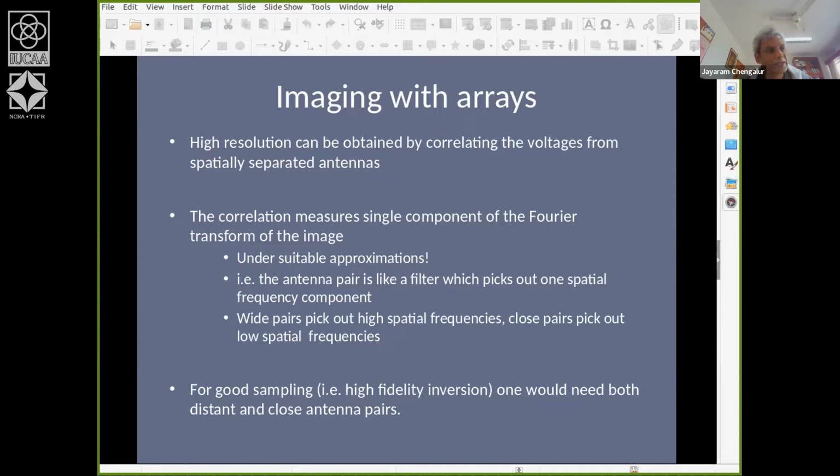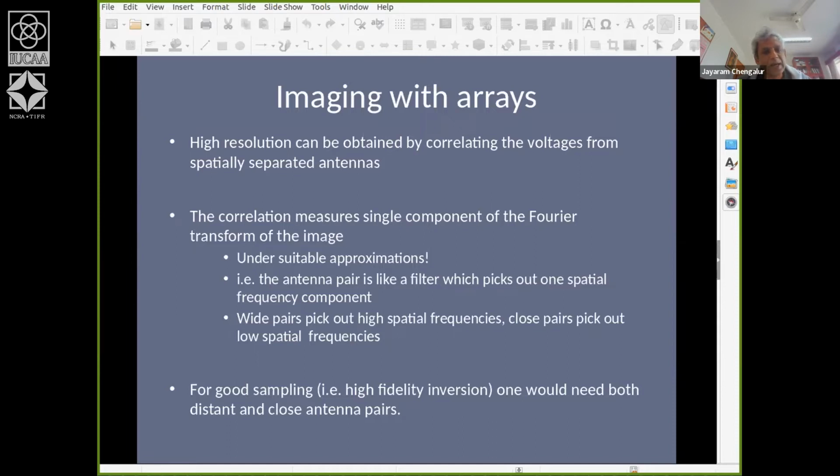If you had a filter working on a time domain signal, for example, a filter which works on audio signals, it'll pick out one particular tone and filter out all the other tones, one particular Fourier component of the Fourier transform of the audio signal. And the antenna pair is very much like that. It's picking out one spatial frequency component of the Fourier transform of the sky distribution.